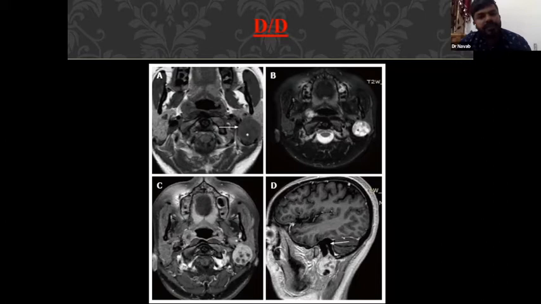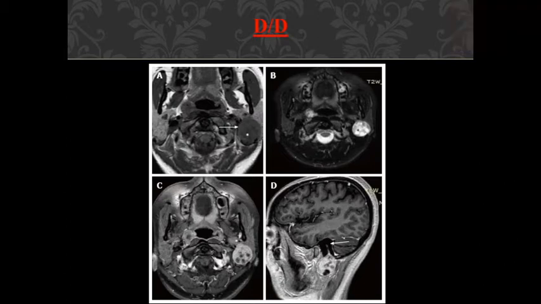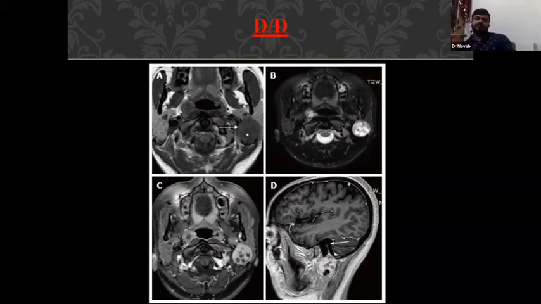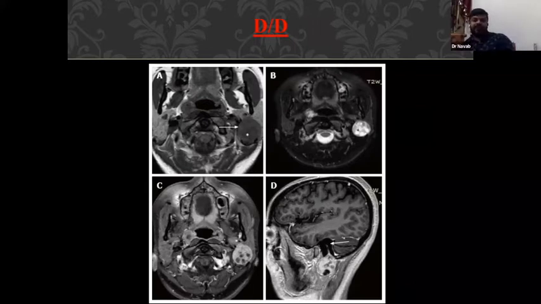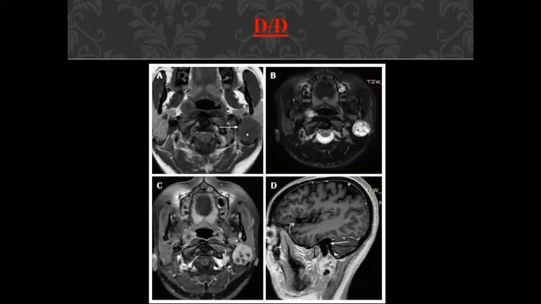The lesion appears to be from the parotid gland. In T2 it is heterogeneously hyperintense with a few internal septations. In T1 it also appears heterogeneous with some hypointense areas. This image B is T2 weighted.